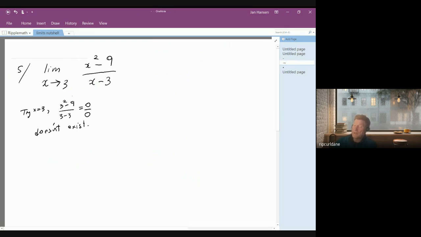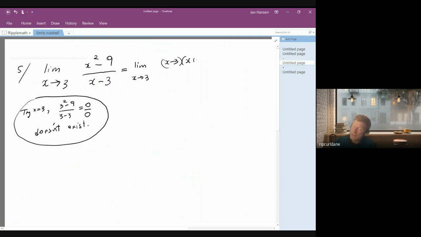However, sometimes you can do a little bit of algebra on this, and you can get rid of that problem point. I can see here that I can factorize this. So this is what you can do sometimes, often in our school situation, but in practice, there are other ways of figuring this out. That'll cancel, because as x approaches 3 means that x is not actually equal to 3, so we can still cancel things. So that means it's the same as the limit as x approaches 3 of x plus 3.